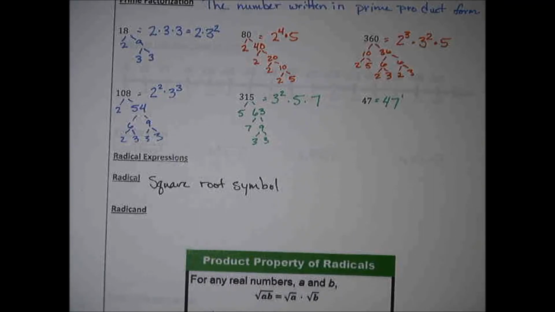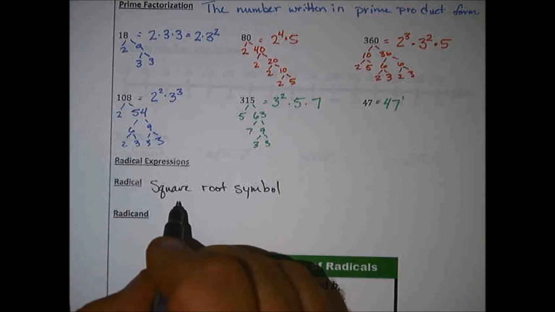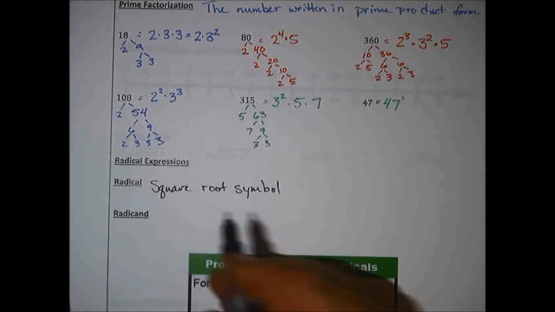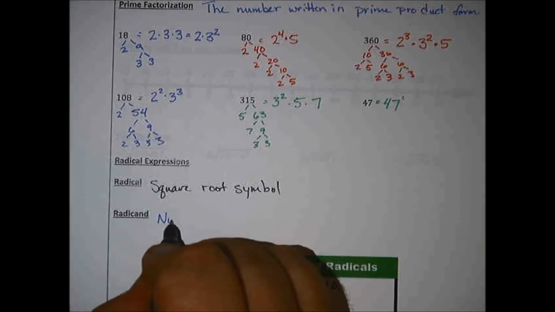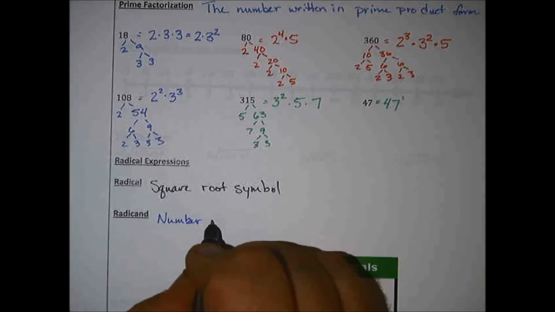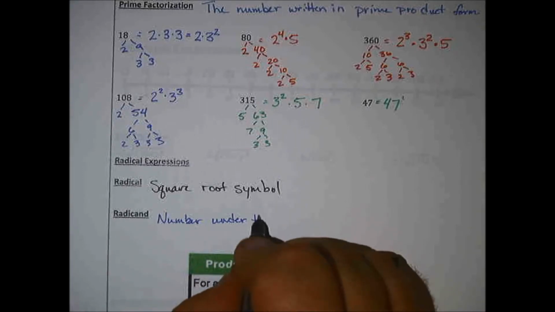What that square means, for us, is that we need 2 of them. And we'll get to what that means in a little bit. But anyways, the radical is just any symbol that looks like a square root symbol. And I'll draw you a picture here in a second. But the radicand is the number under the radical.